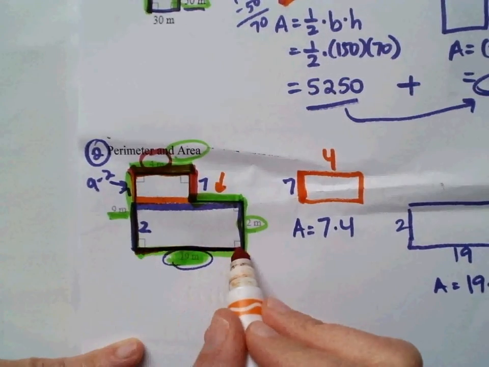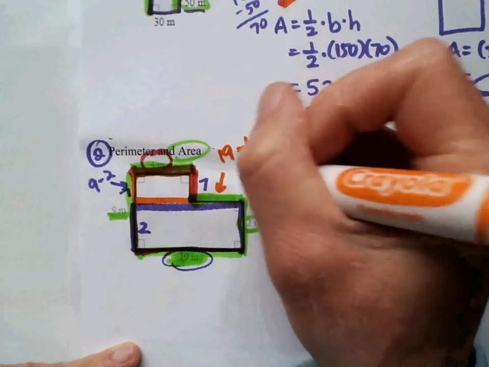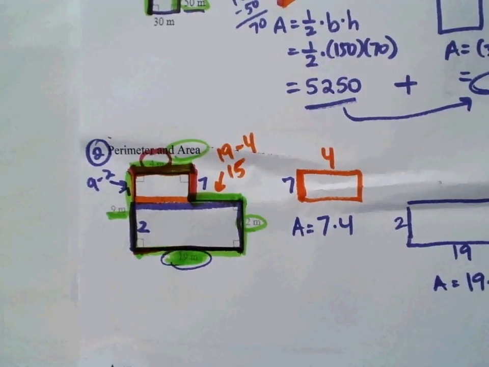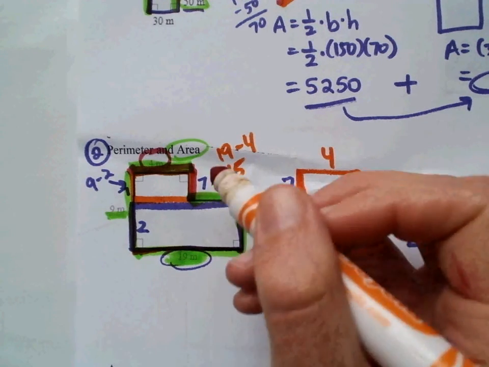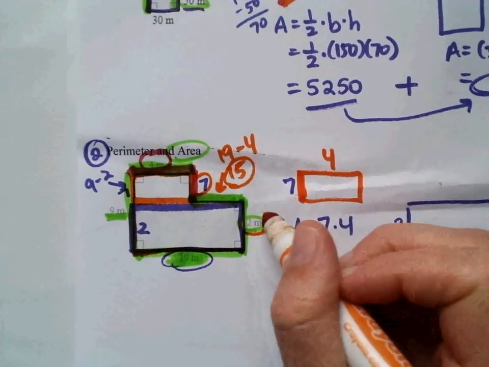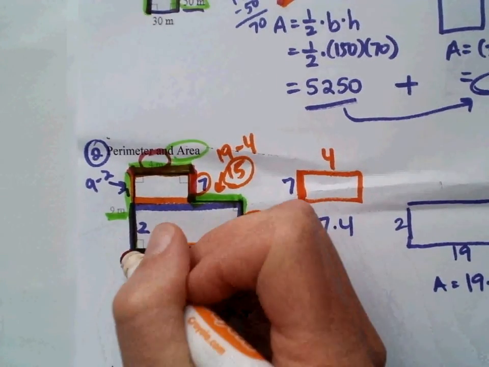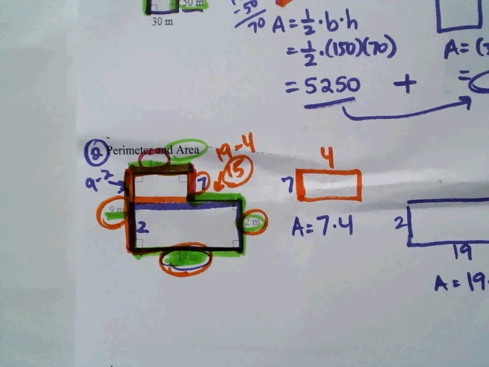You're going to do the total 19 minus 4. And 19 minus 4 is 15. So that side's 15. And then make sure you add up all the sides. So you'd add 4 plus 7 plus 15 plus 2 plus 19 plus this whole side, which is 9. And that should work for perimeter.